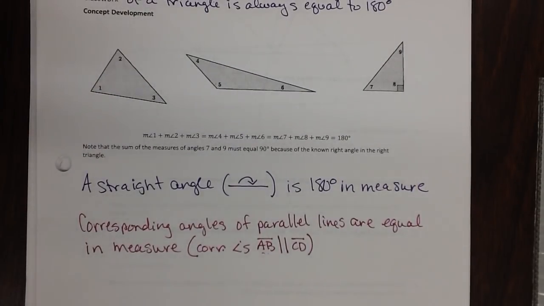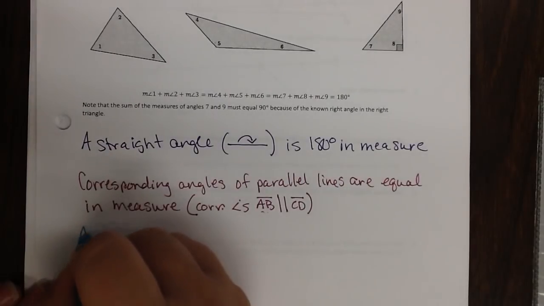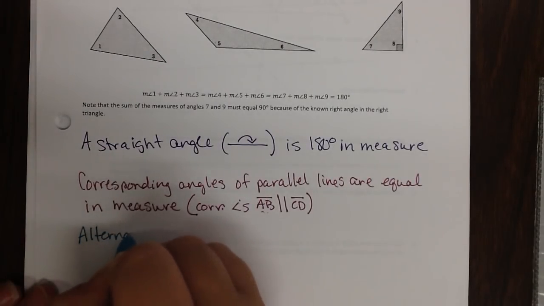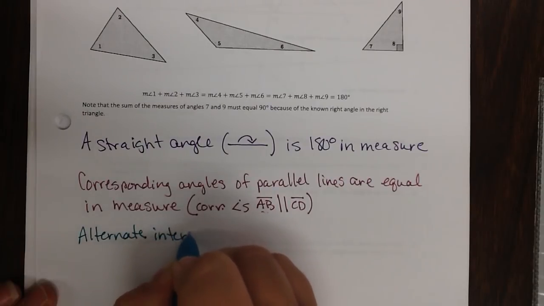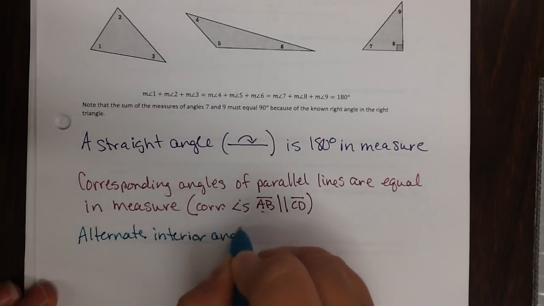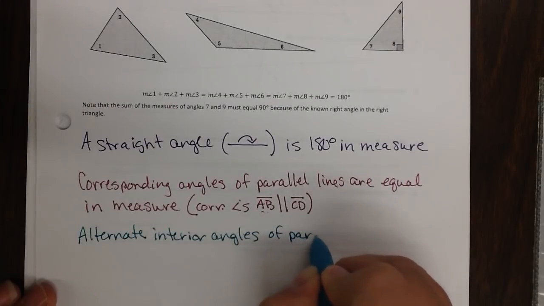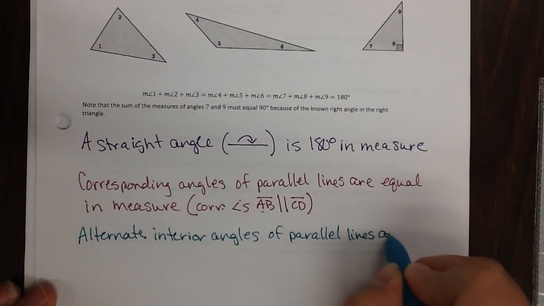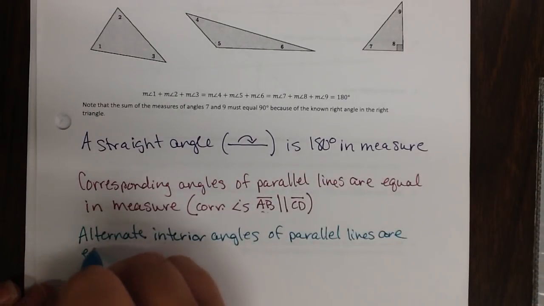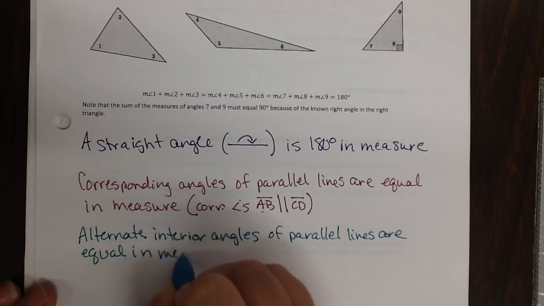Okay, and then the last one, something we already know, alternate interior angles of parallel lines are equal in measure.